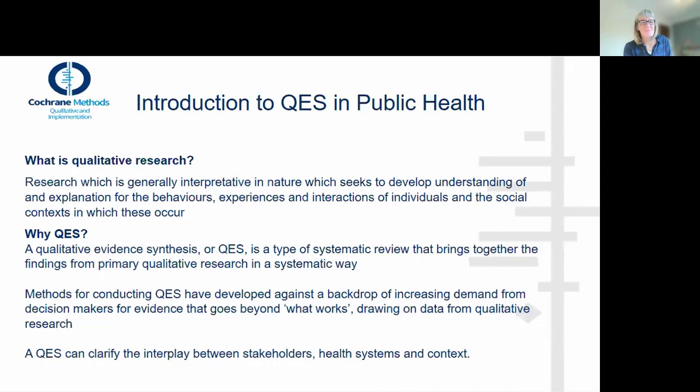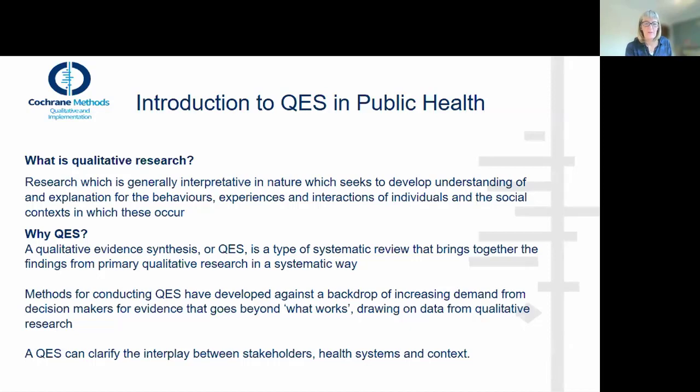Methods for conducting QES have really developed over the last 15, 20 years, a little bit behind those for effectiveness, but that was against a backdrop of increasing demand from decision makers for evidence that goes really beyond what works in healthcare and public health, and to draw on these broader contextual and both individual and system level factors that can help us understand more aspects around the particular questions that we're asking.